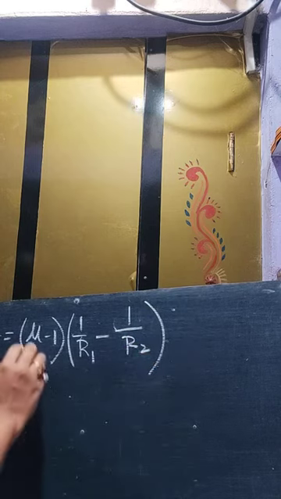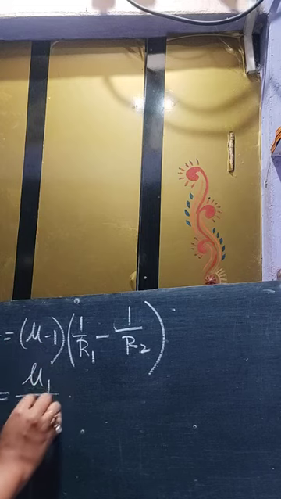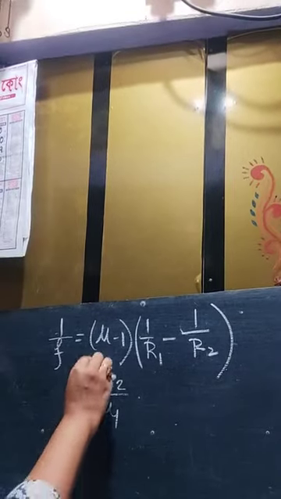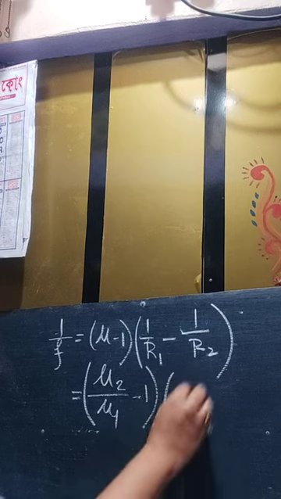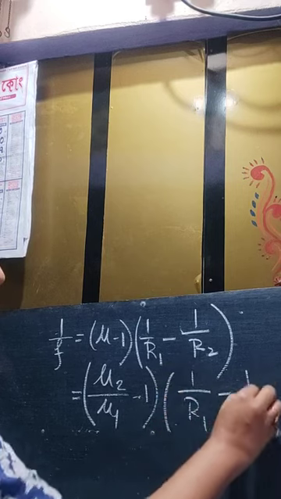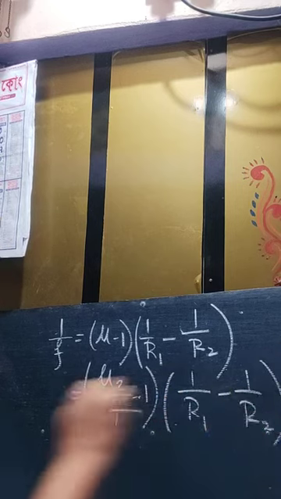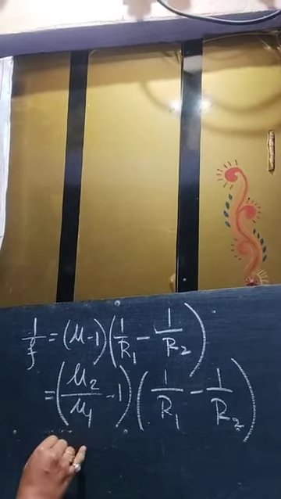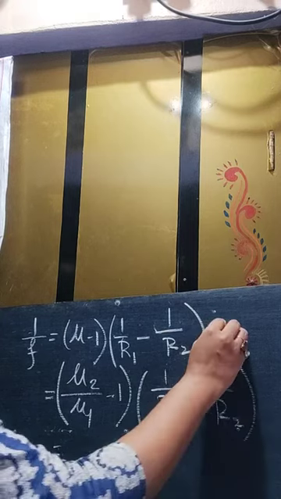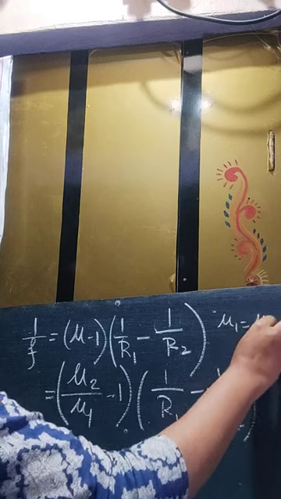Now, as I am dealing with two media, I can replace this mu with mu 2 by mu 1, so (mu 2 by mu 1 minus 1) into (1 by r1 minus 1 by r2), right? Here I am saying that mu 1 equals mu 2 because both have the same refractive index. So, this part will be 1.